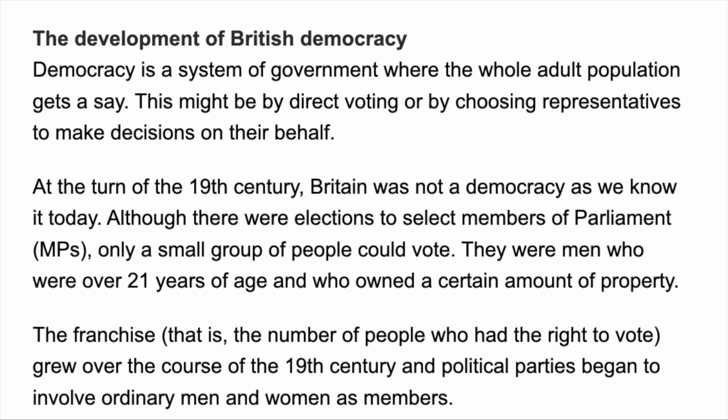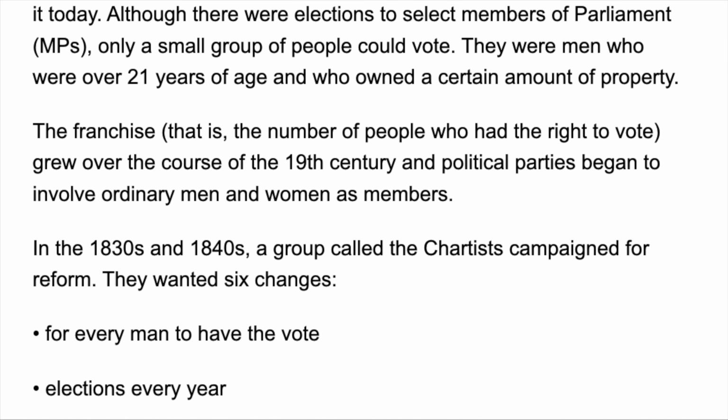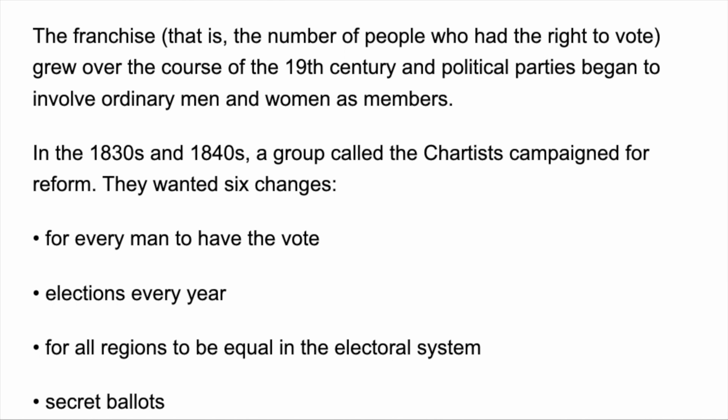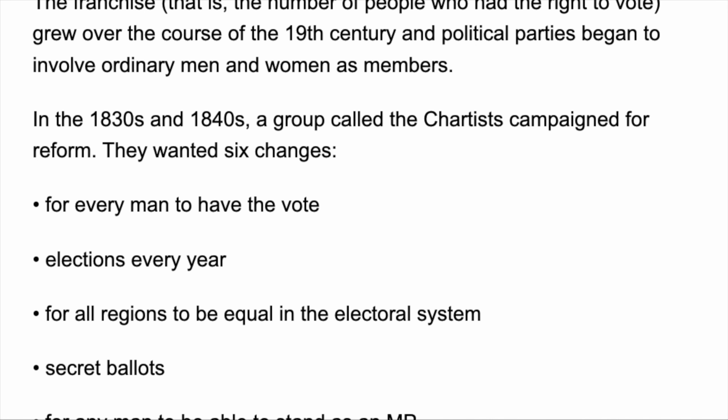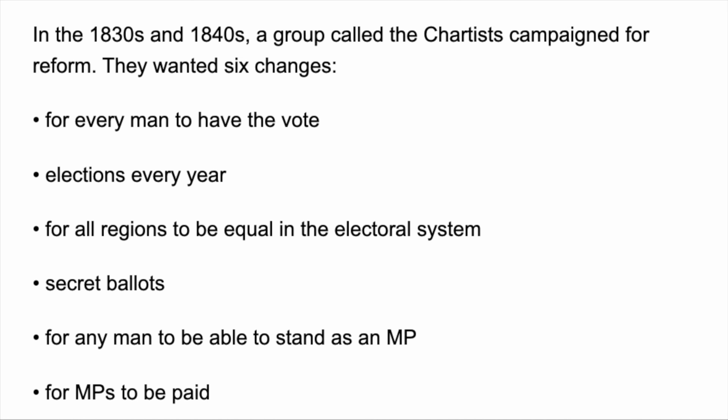The franchise, that is the number of people who had the right to vote, grew over the course of the 19th century, and political parties began to involve ordinary men and women as members. In the 1830s and 1840s, a group called the Chartists campaigned for reform.